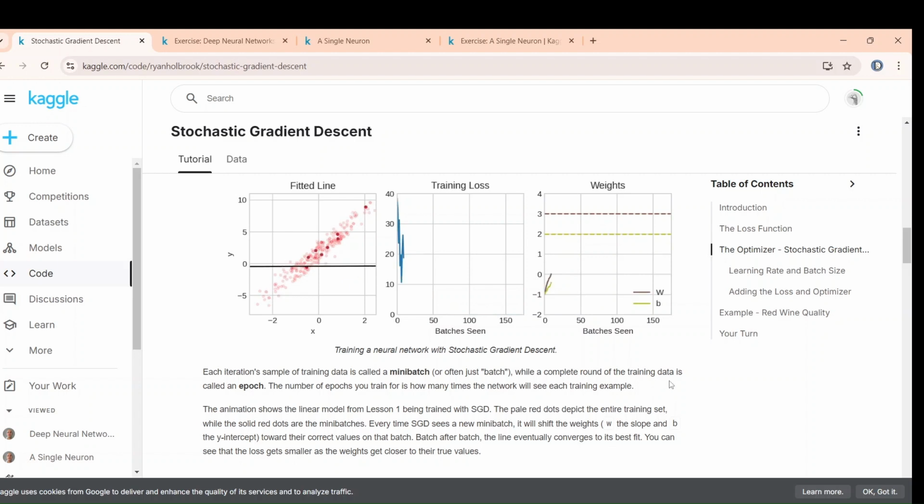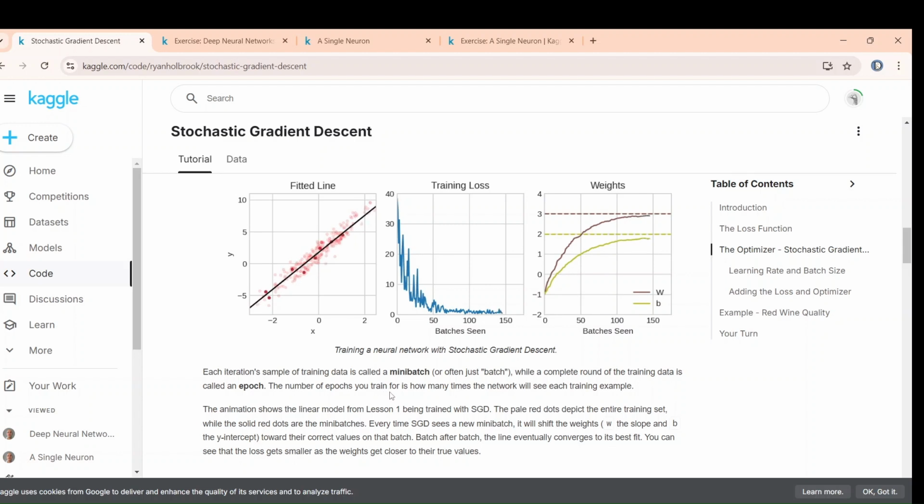But a complete round of the training data, I mean, if your training data has 1,000 points, let's say, and you are working on all the values, the complete round, that is known as an epoch, which is going to be used a lot. So you understand the difference: a mini batch means each iteration's sample of training data, but when you go through the complete data set, that is known as an epoch.